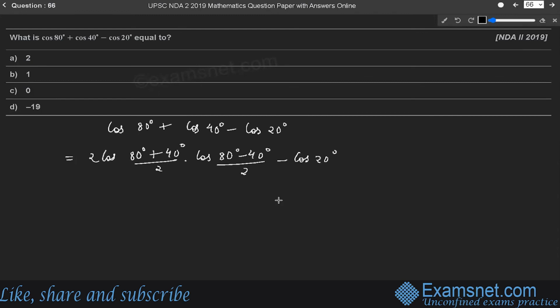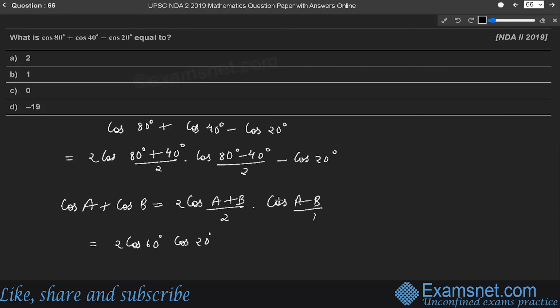Since we know that cos A plus cos B is equal to 2 cos (A plus B) upon 2 into cos (A minus B) upon 2, therefore it will be equal to 2 cos 60 degree into cos 20 degree minus cos 20 degree.